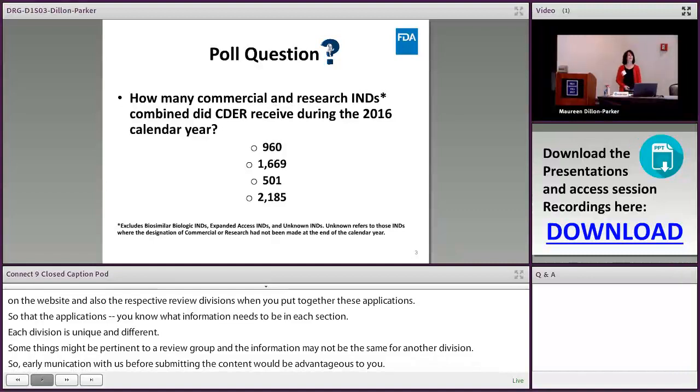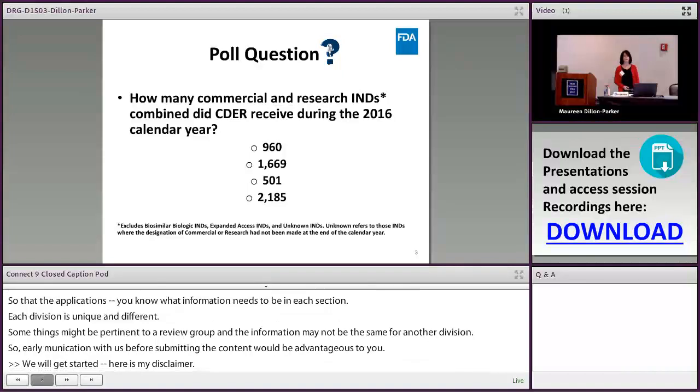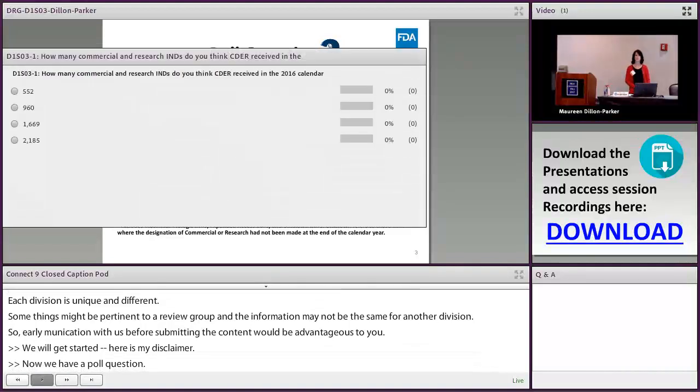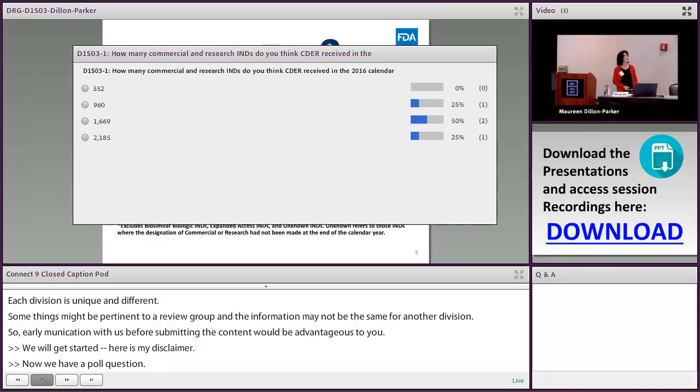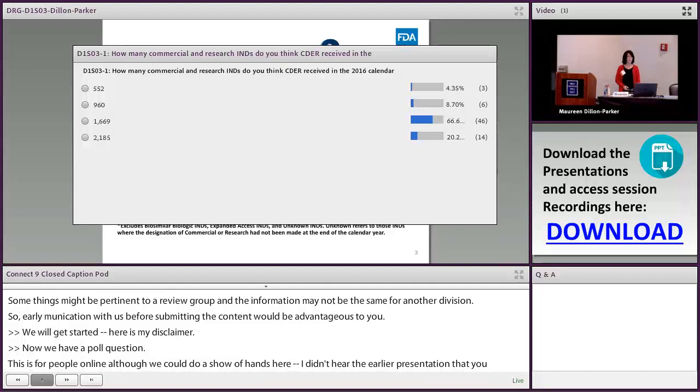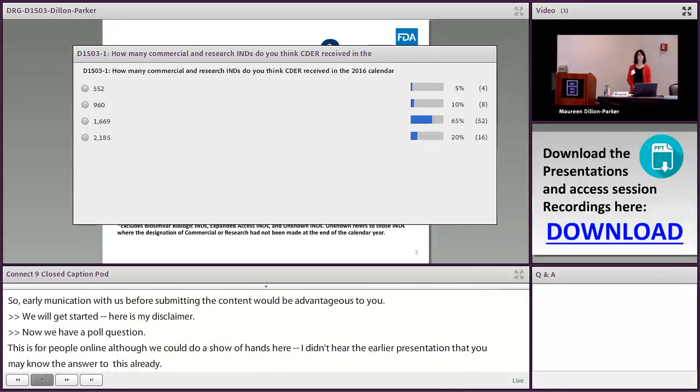And this is basically for people online, although we can do a show of hands. Some people may remember, I didn't hear the earlier presentation, but you may already know the answer to the question from one of the previous speakers. Okay, is that voting? Okay.